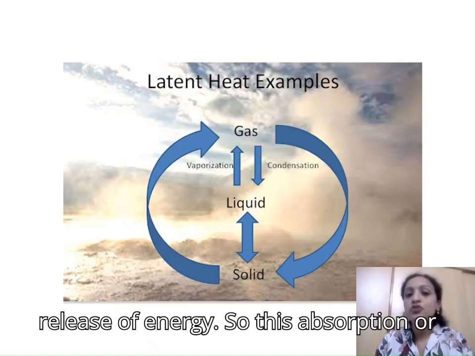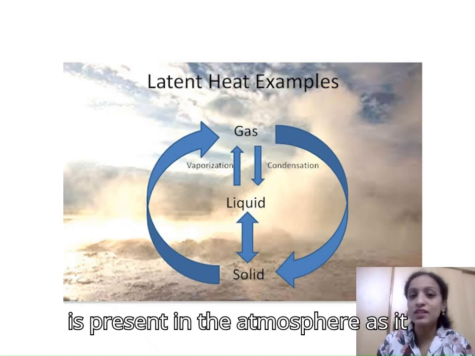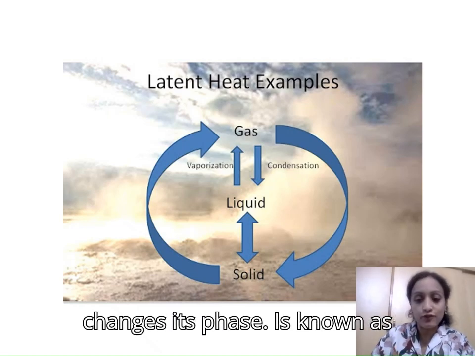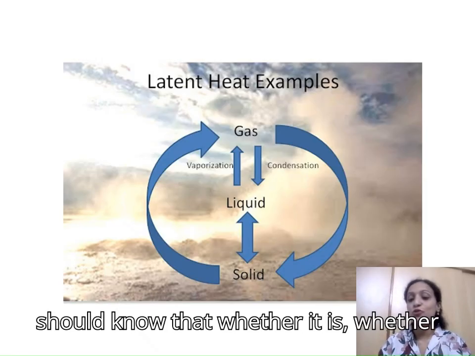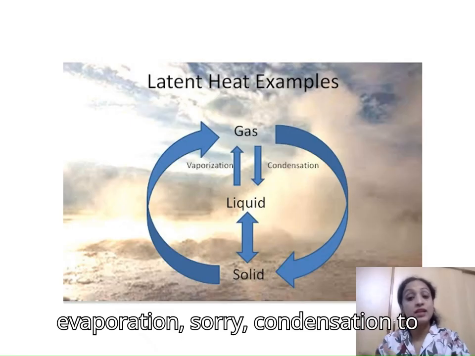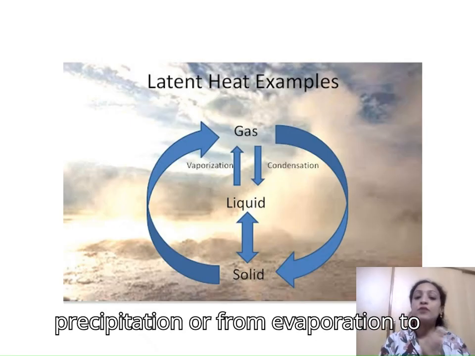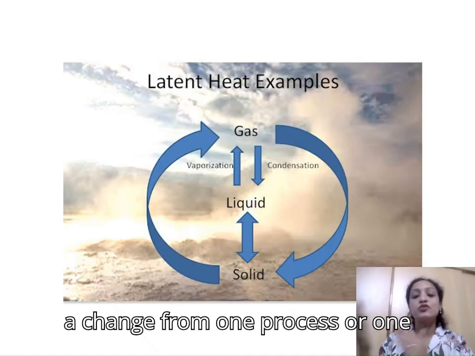So this absorption or release of energy by the water vapor present in the atmosphere as it changes its phase is known as latent heat. Whether it is changing from condensation to precipitation, or from evaporation to condensation, there is a change from one phase to another.